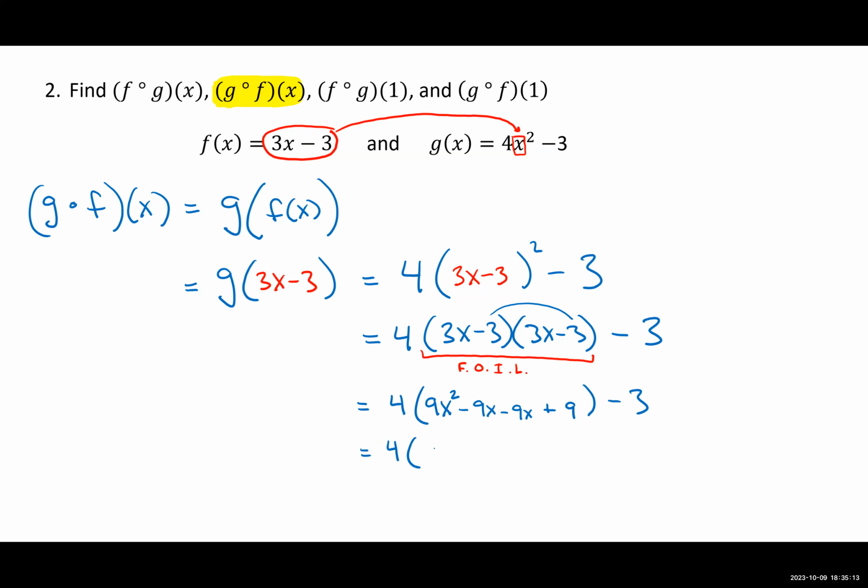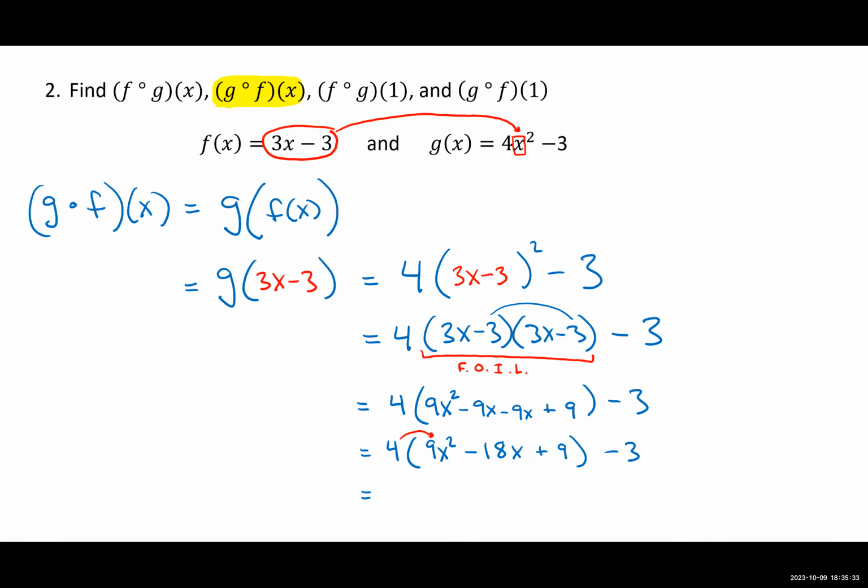So we've got 4 on the outside. We've got 9x squared, 9x minus 9x, that'll be a total of minus 18x plus 9. Still have a minus 3 on the outside.